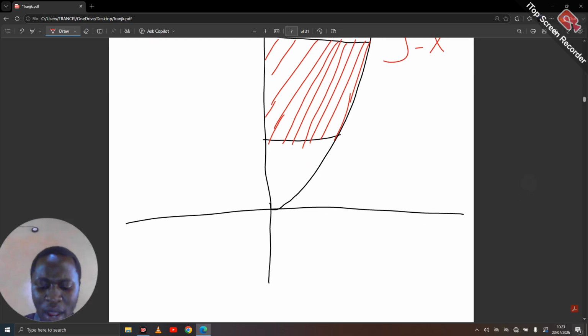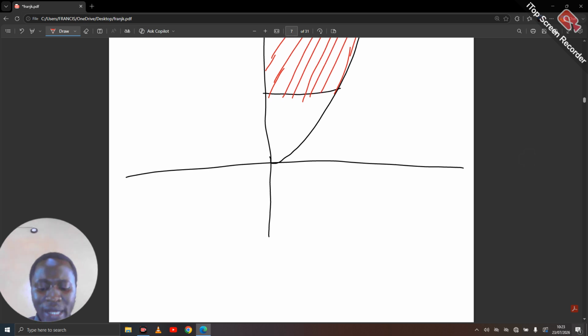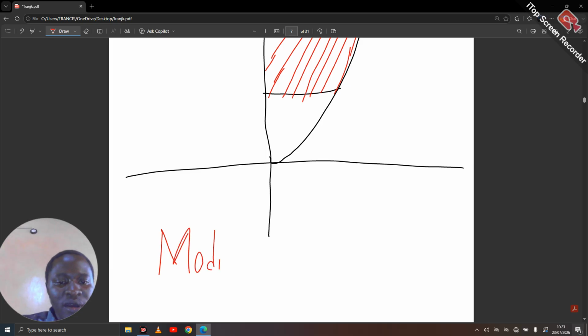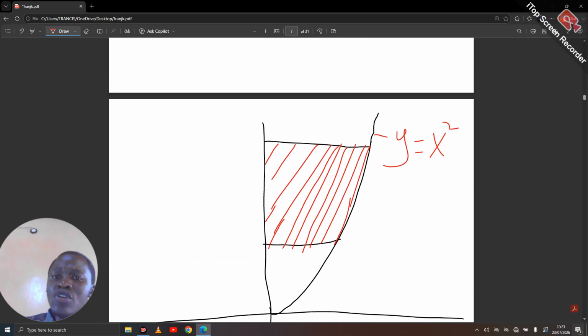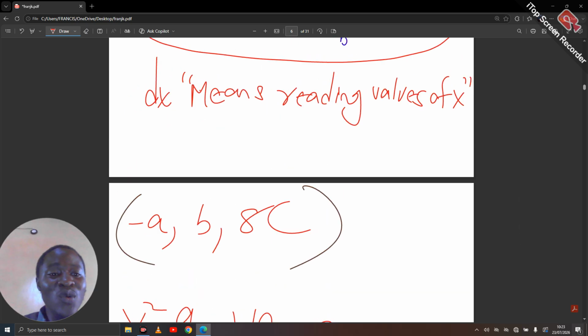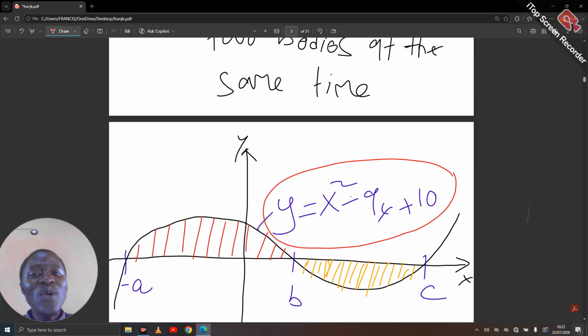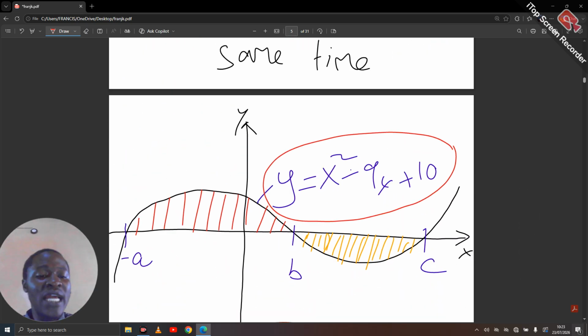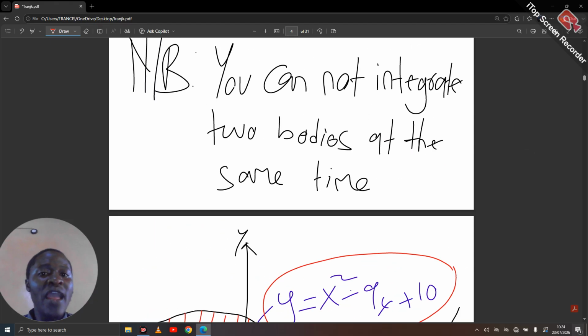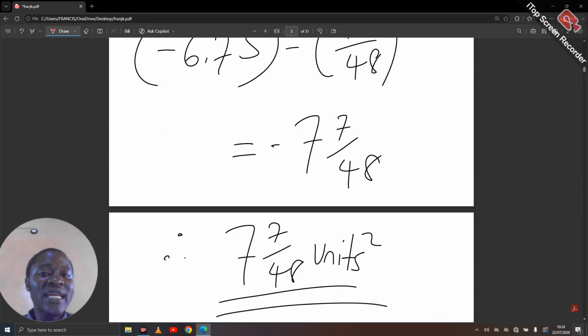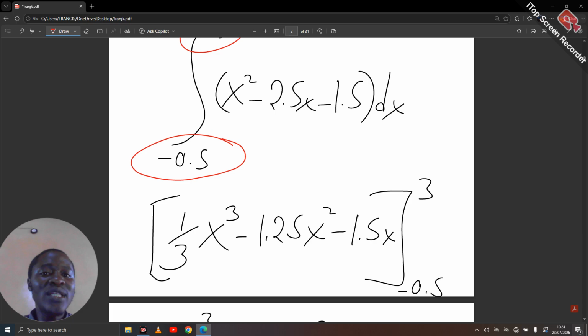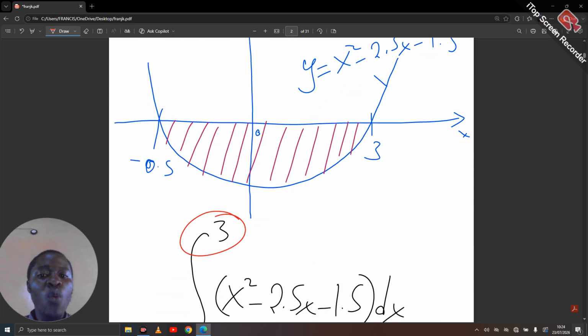Okay, how do I do that? Now you modify. If I take you back to what we were doing here, you will realize that all curves that are cutting the x-axis are equated to y.